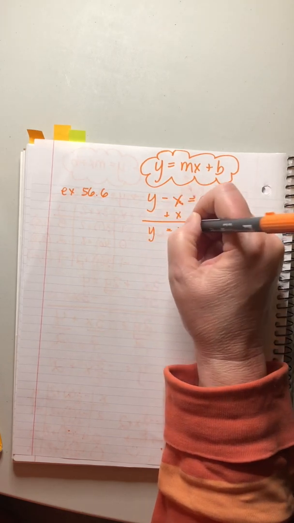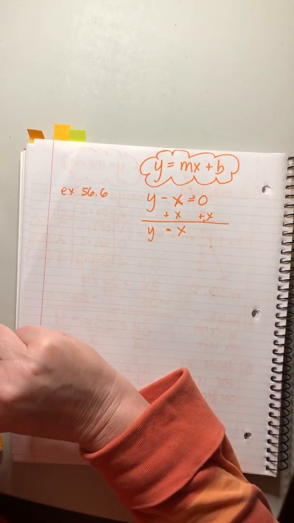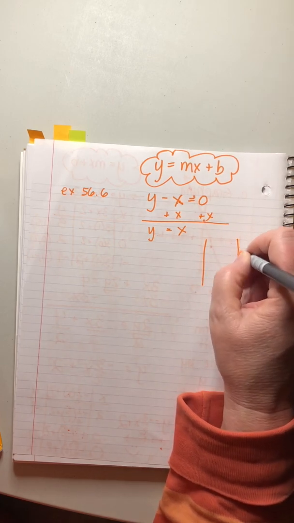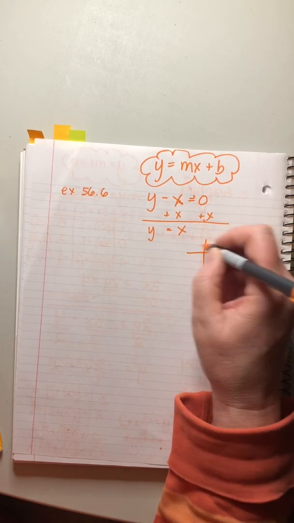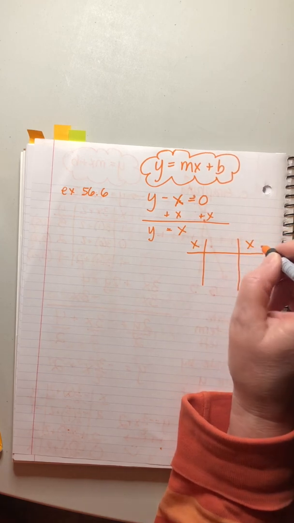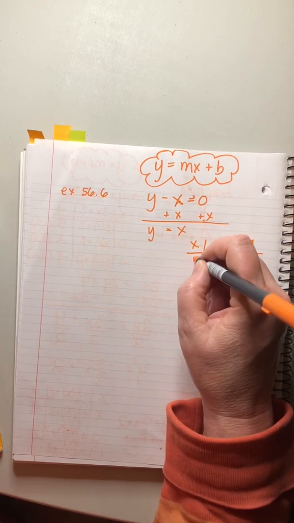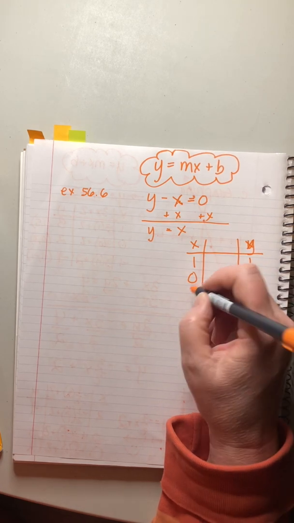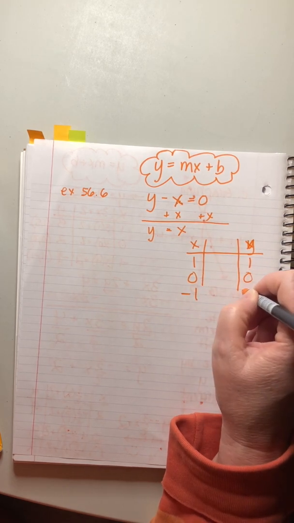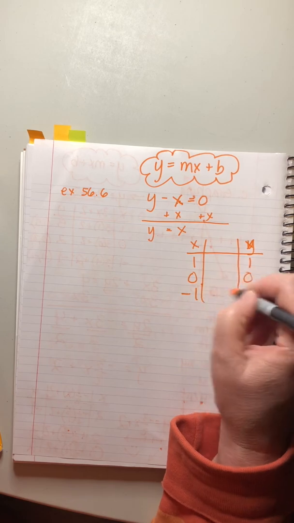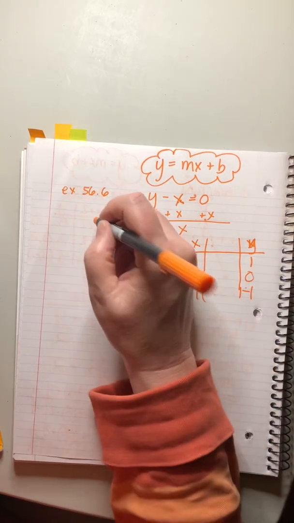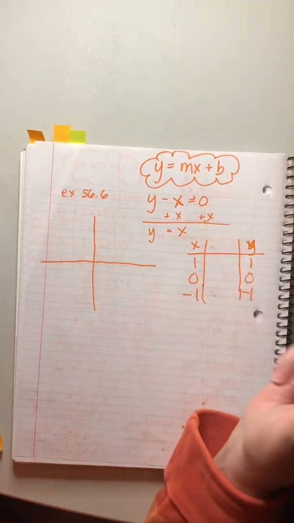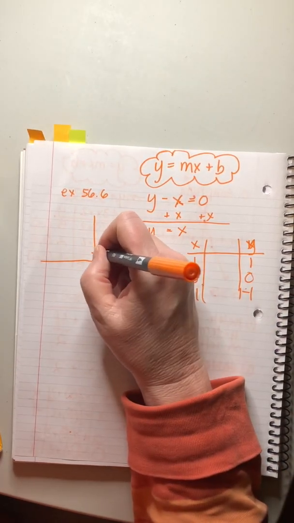Y equals x. Oh, well, that one's pretty easy, right? I mean, I don't really even need to write anything in the middle. Because, oops, that should be a y. If x is 1, then y is 1. If x is 0, then y is 0. If x is -1, then y is -1. There's no calculation, right? It just is. So that's really easy. But we can go ahead and plot the points.